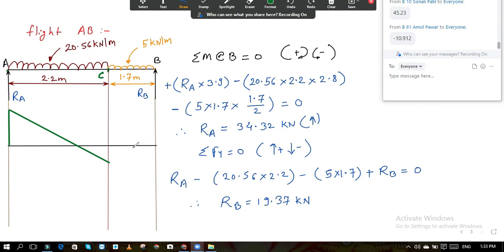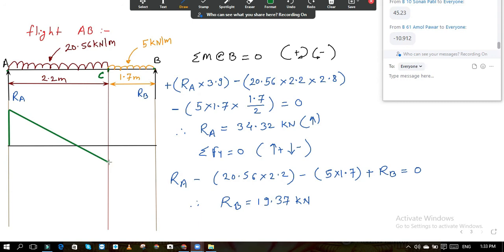And after that, now again, as we leave the point C, there is again a UDL in between C to B, and it is also moving down. So down means minus. Again, convert the UDL into the point load. 5 into 1.7. So it is 19.41.